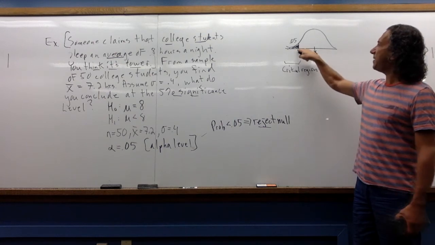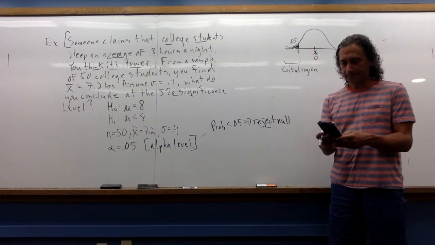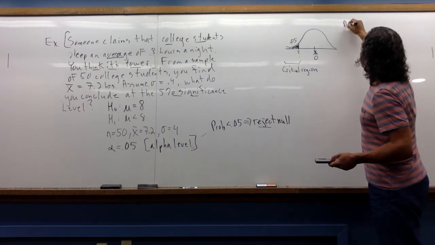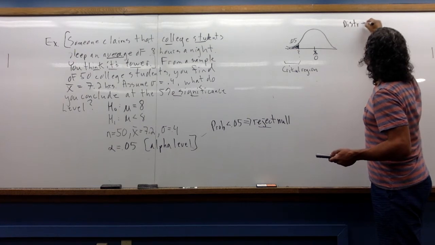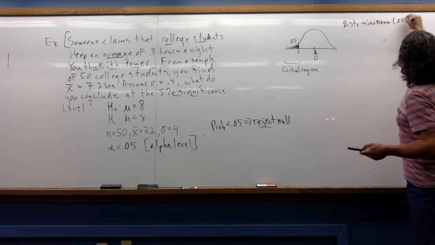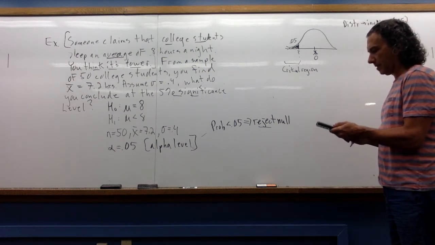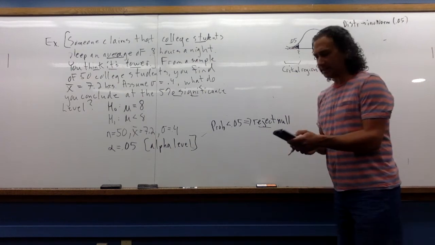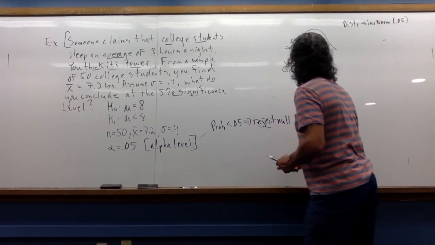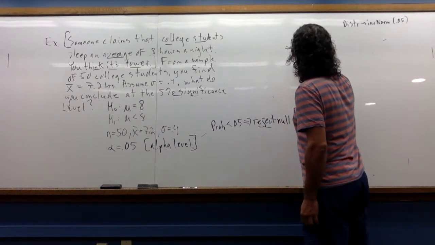We're looking for a z sub alpha on the left side. How am I going to get that? Well, that's just going to be DISTR, INV norm, 0.05. And we get minus 1.645.